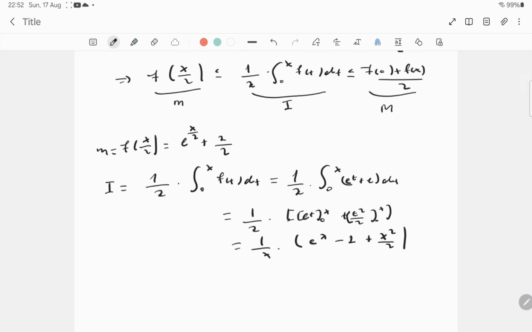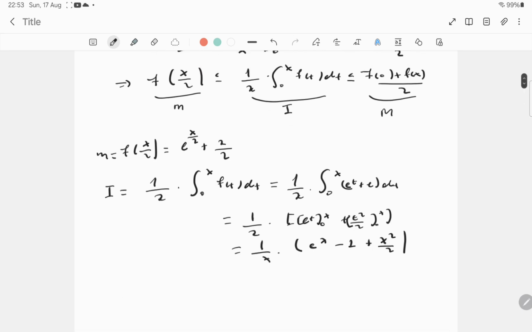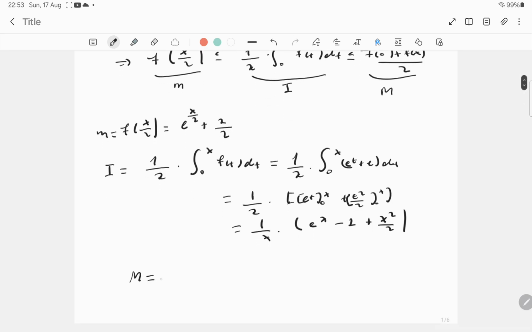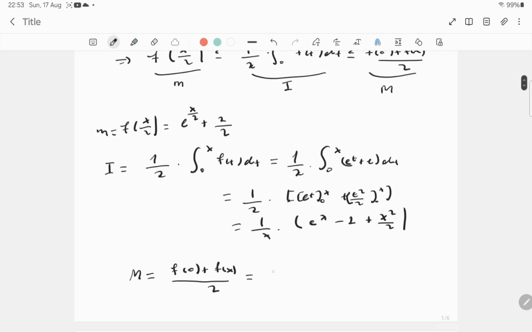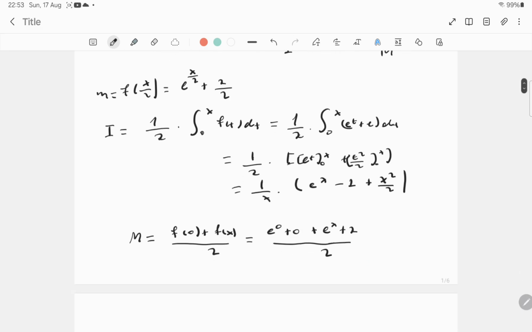And now let's compute the upper bound of the inequality. Capital M is the average of these two values. f of 0 is going to be e to the power of 0 plus 0, plus f of x, e to the power of x plus x, and then divided by 2.